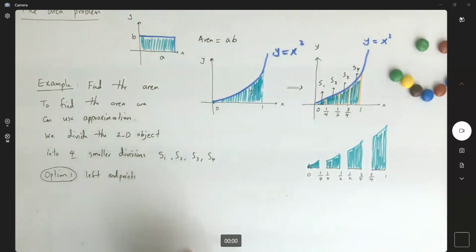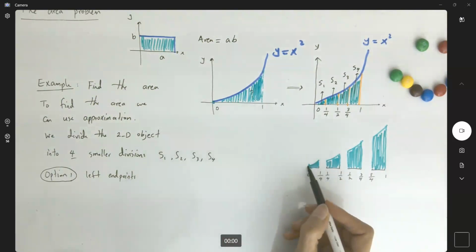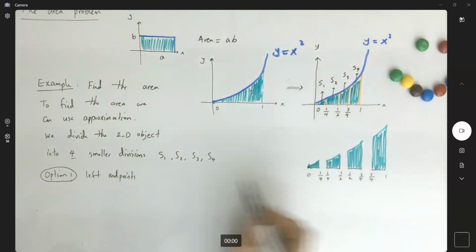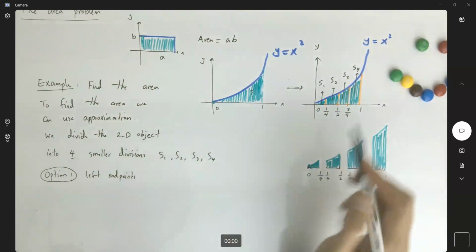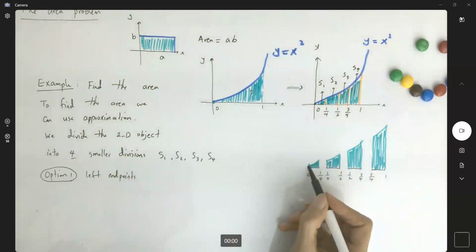If you use left endpoints, the height for this piece is just 0, am I right? The very first point on this function has 0 height.